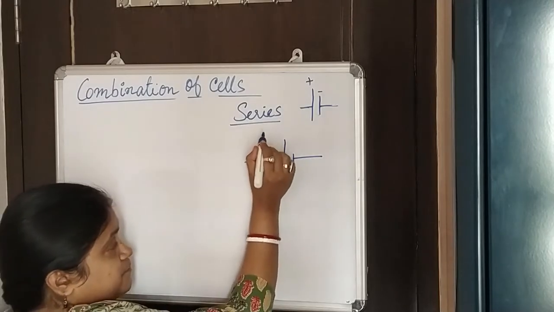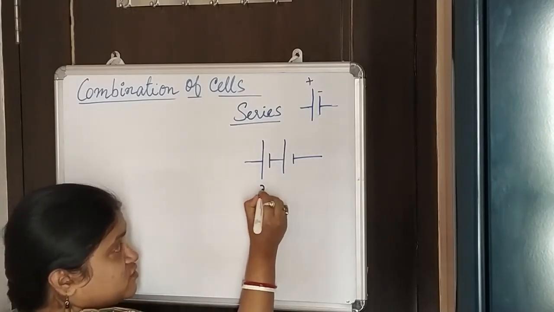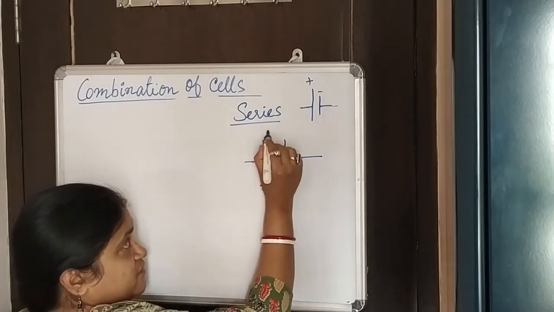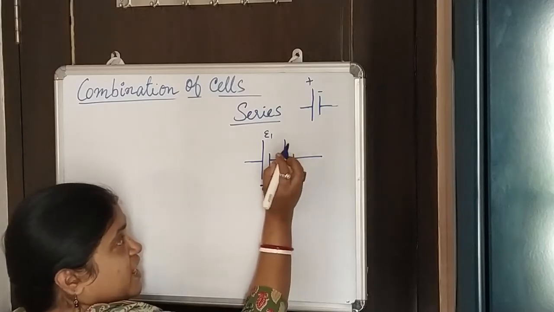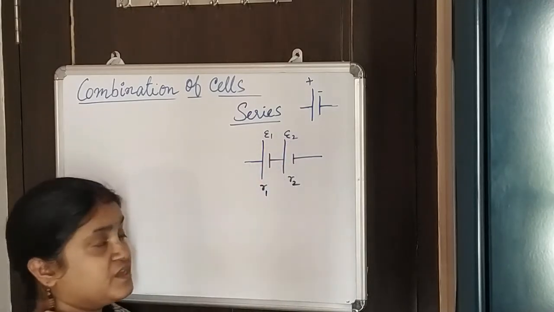Let's suppose the internal resistance for the first cell is R1 and EMF is E1. For the second cell, internal resistance is R2 and the EMF is E2.